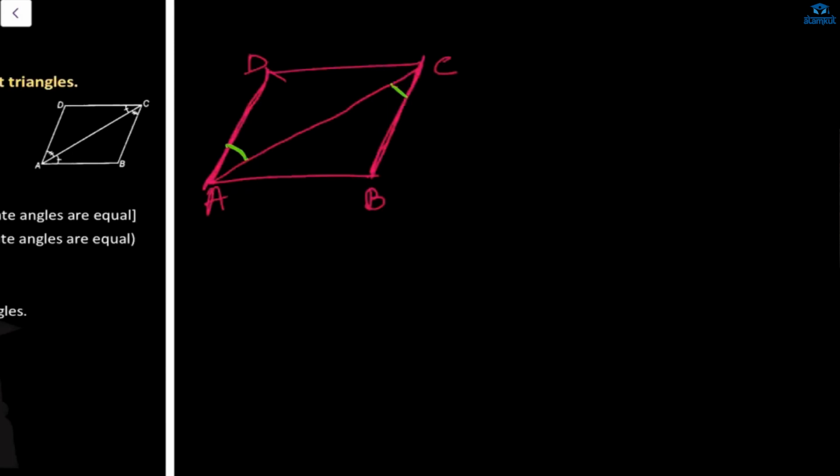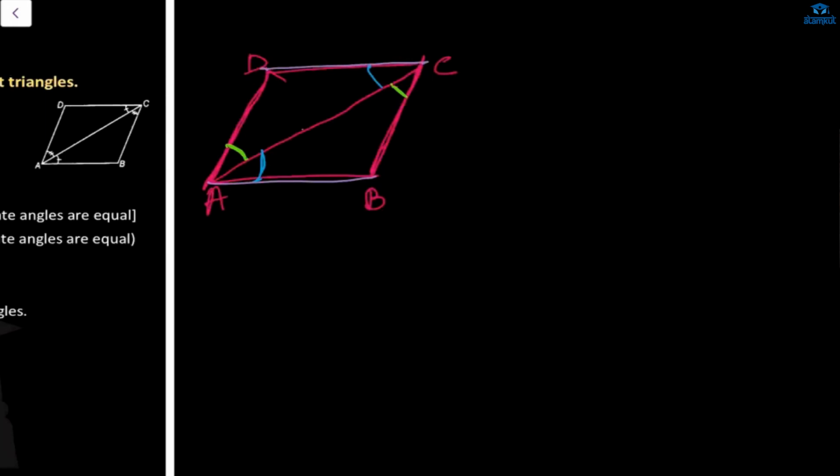The pair of alternate angles are equal when the lines are parallel and a transversal is crossing them. Similarly, this angle is equal to this angle because DC is parallel to AB and AC is crossing them. So these two angles are equal, and AC is common. Therefore the triangles are congruent from which rule?